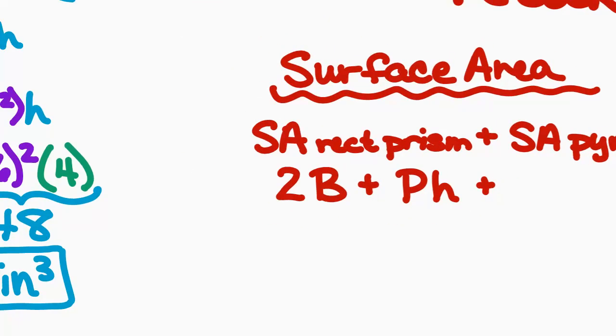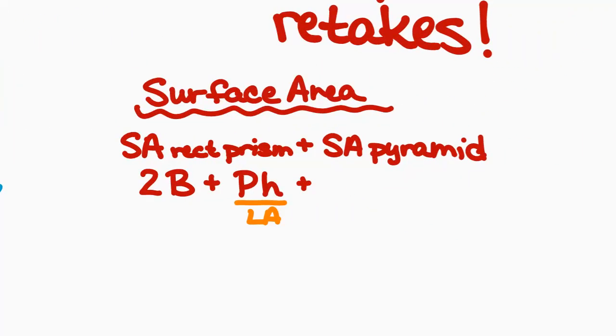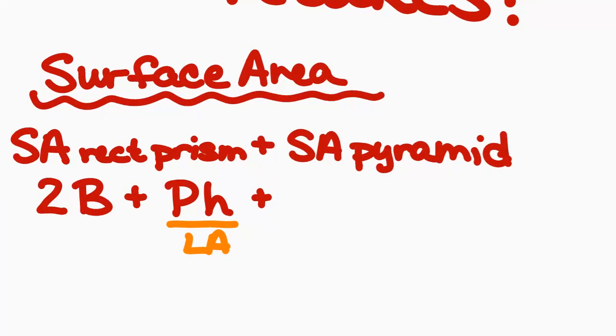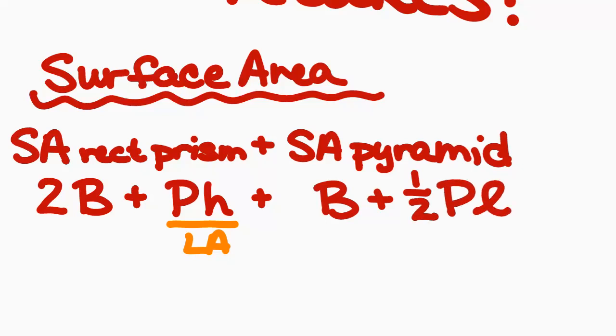Which of those is the lateral area? PH. Here's my lateral area. How do we find the surface area of a pyramid? Yep, area of the base plus 1/2 times perimeter times the slant height.